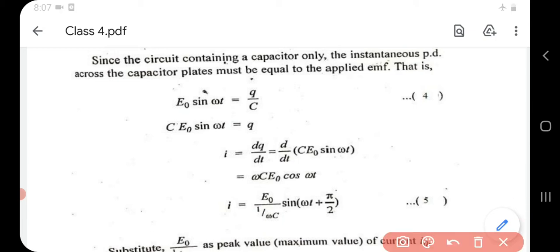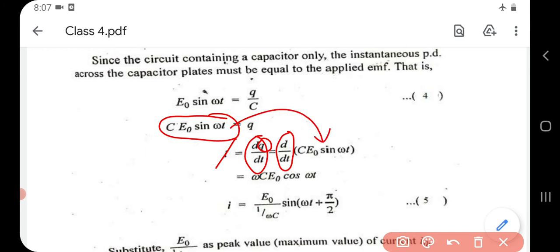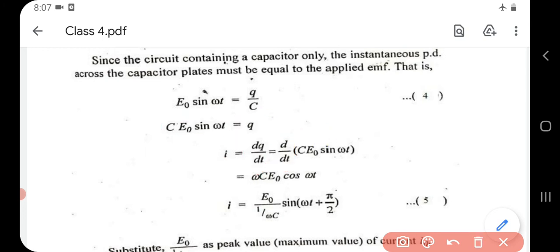But we know that I or current is the rate of change of charge, that is dq by dt, right? So d by dt is kept as such. Now here instead of Q we have this expression. So you are writing this expression here. Then d by dt of C E0 sin omega t will be, C E0 is a constant, so it's taken outside. Then what is d by dt of sin omega t?